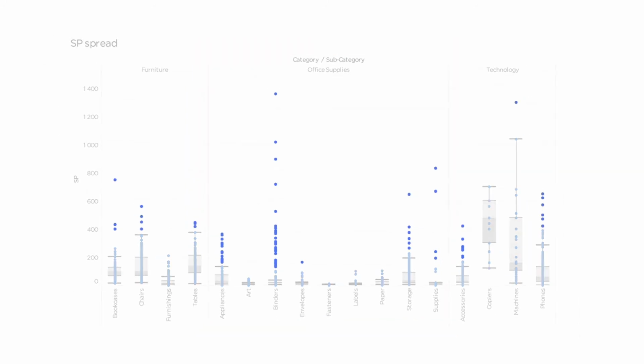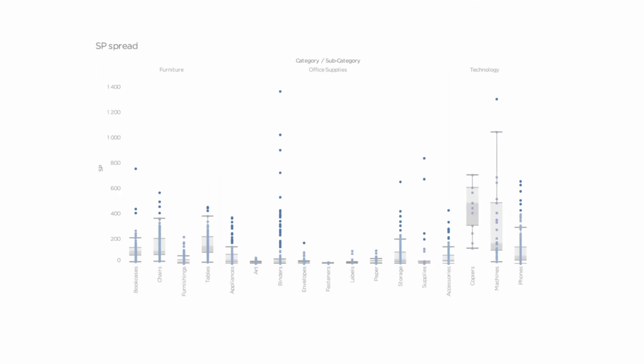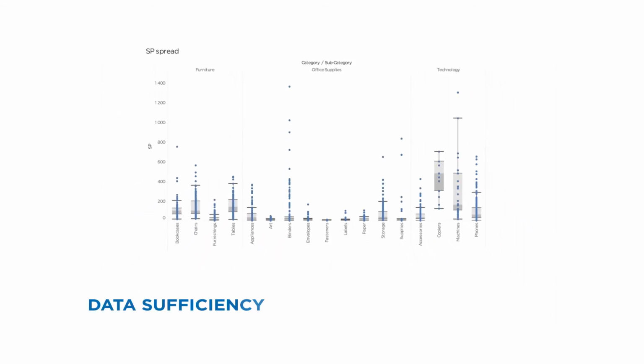All the points below and above minimum and maximum are outliers. Cases of extreme SP can be studied separately, as current data only allows for identification of such points. However, this data is not sufficient to explain why we have extremely low or high prices.